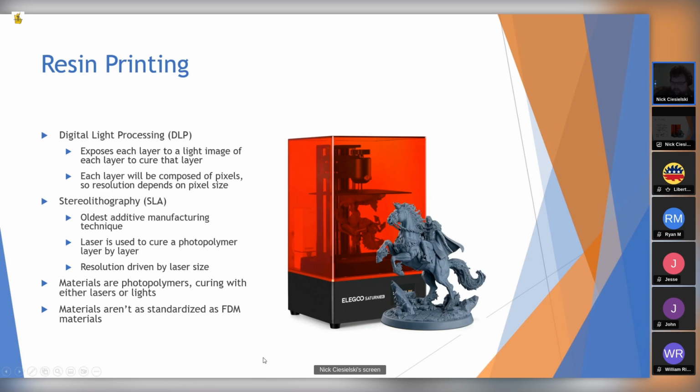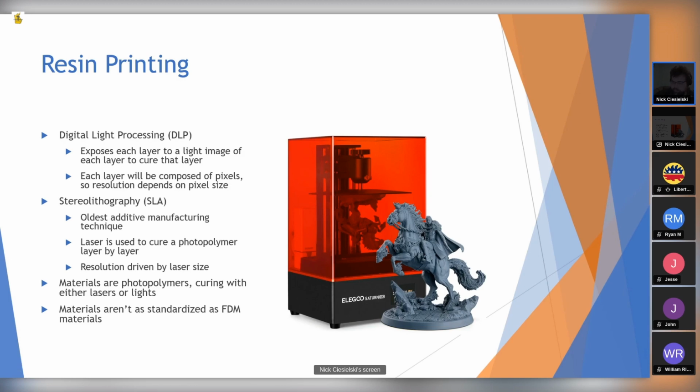What you're going to see here, at least at the hobbyist level, is you're going to be weaker with these materials. They're not as structural, but they do have a higher resolution for higher details, like you see here, for making little models. And often these printers are a lot smaller than the FDM printers.